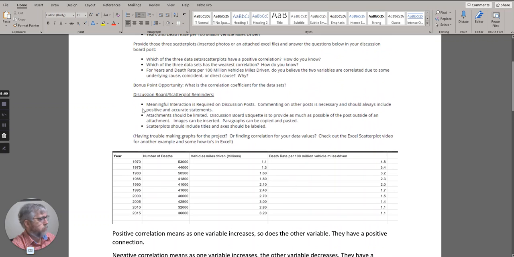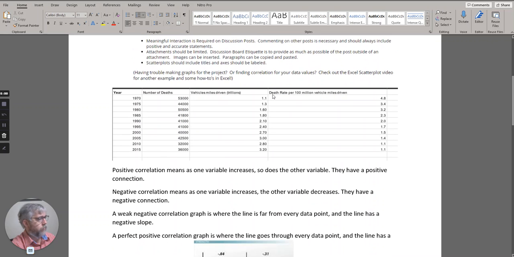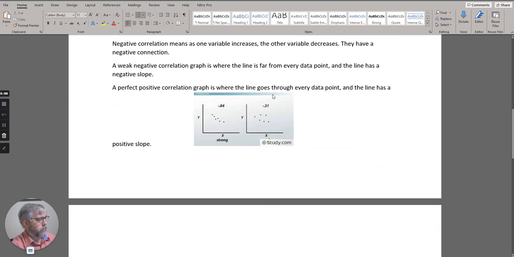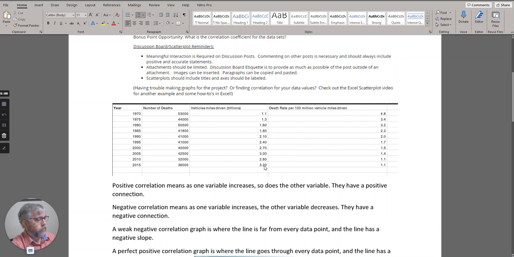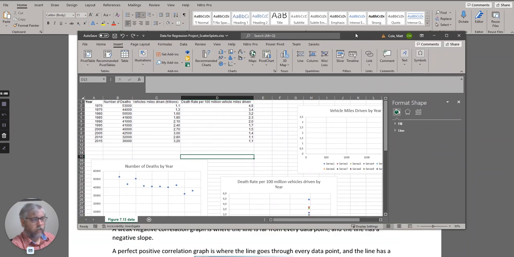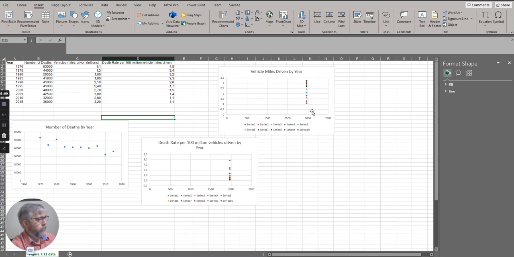So the question again was, what is the correlation coefficient for the data sets? Well, it's going to end up being a positive correlation because, as we've seen in the scatter plots, which are simply a visual view of the two sets of data, as one increases, the other also increases. They were also within the same area, meaning that if it was a weak correlation, it would be all scattered out and there would be randomness going on.